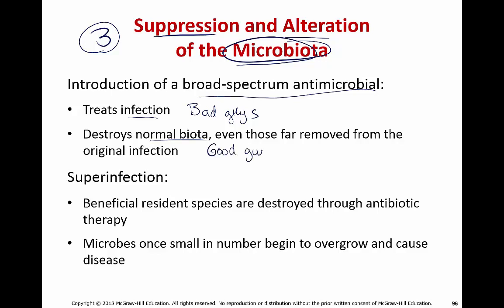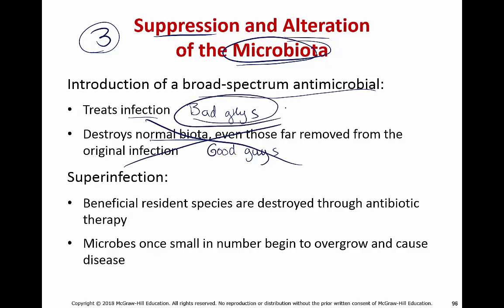And there are some real reasons why we want them there. They help with digestion, and they keep the bad guys from getting too powerful or becoming too numerous. And if you remove all the good guys, then all you have are the bad guys, and that's not good.